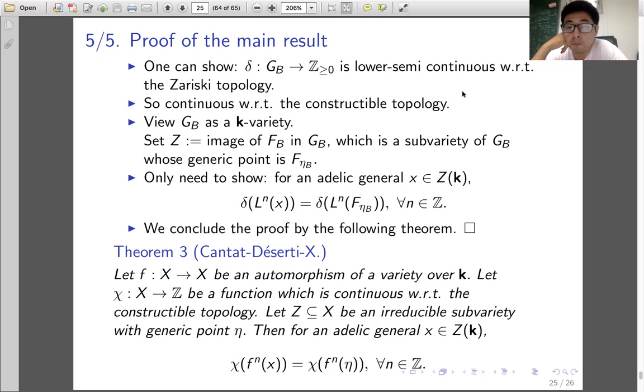I think one point is that here we wanted the sequence indexed by Z. So that's why we ask it to be an automorphism. And if we only consider the forward orbit, I think we only need f to be unramified.